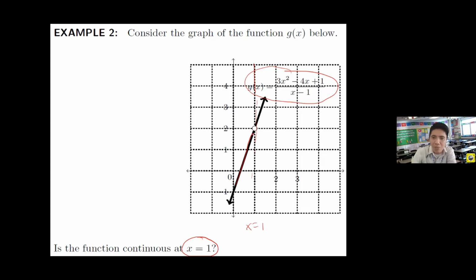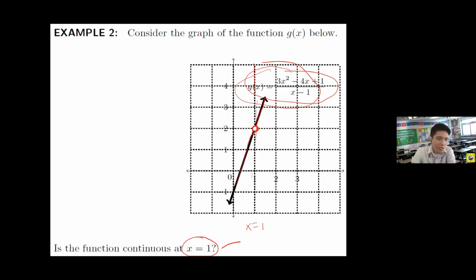When you reach the unshaded part, you need to lift your writing material to continue, because you cannot pass through an unshaded point. Since you lifted your writing material, this function is not continuous at x equals 1. That is the discontinuous example, and example 1 was the continuous one.